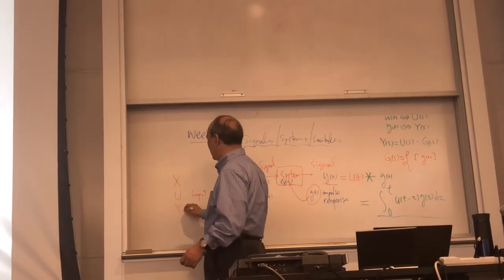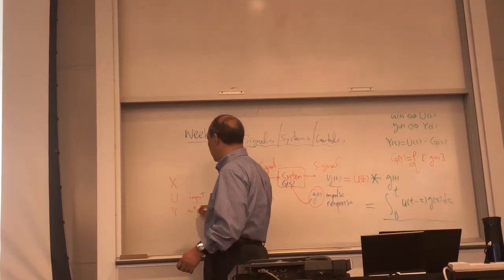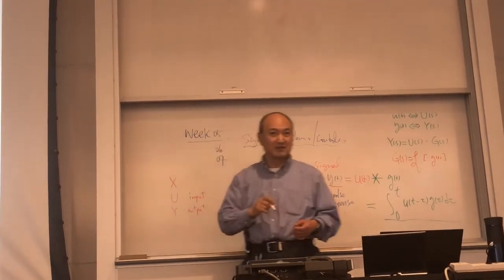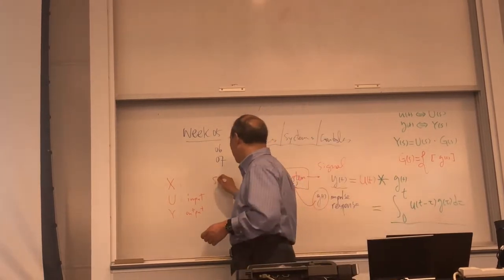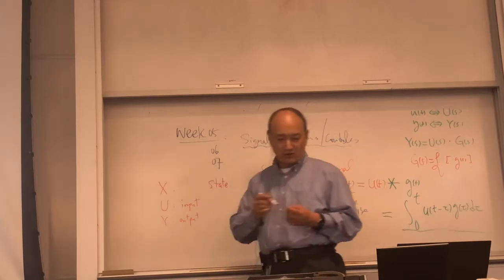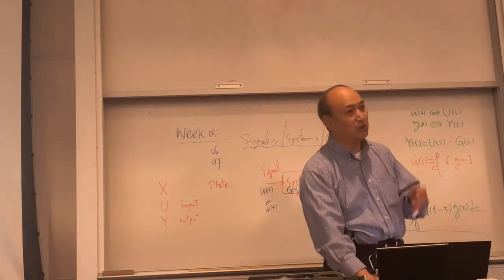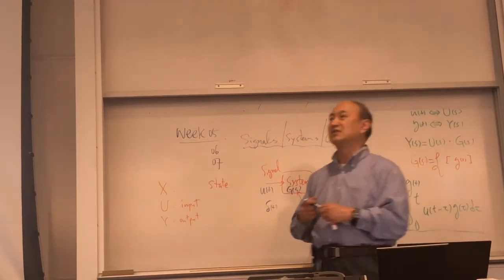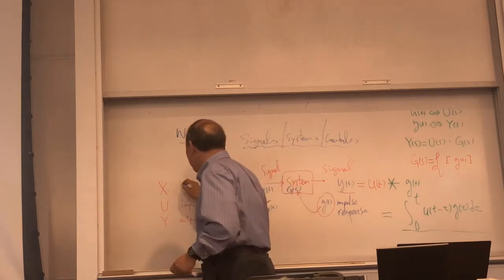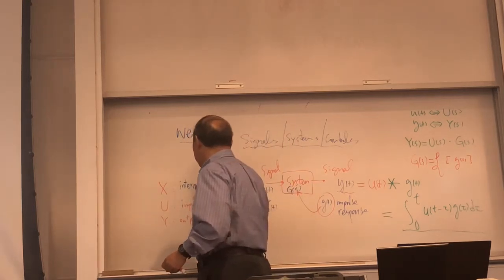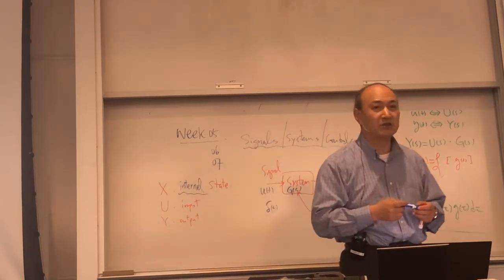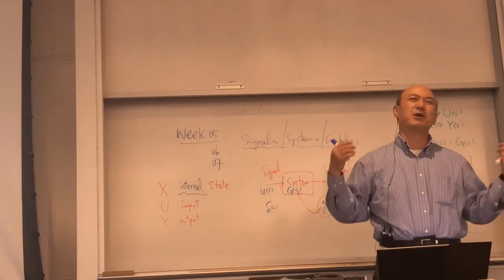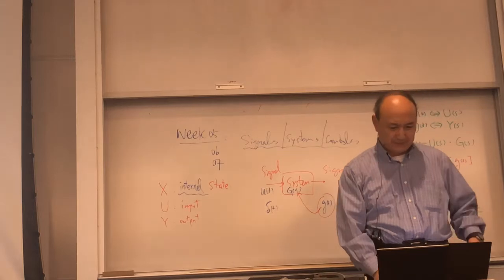Y is called what? Output. What is x? X is called state. In fact, we should say this is called the internal state. X is your internal state, because you don't see it from outside, okay?